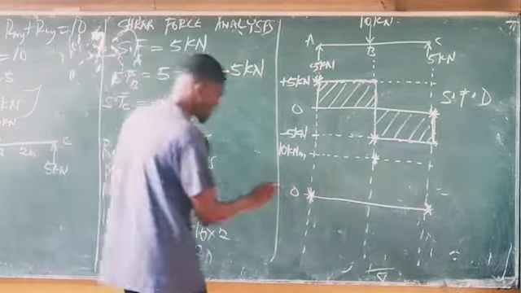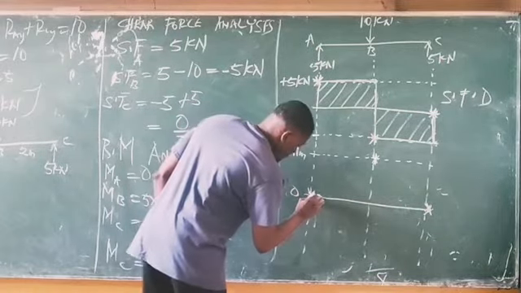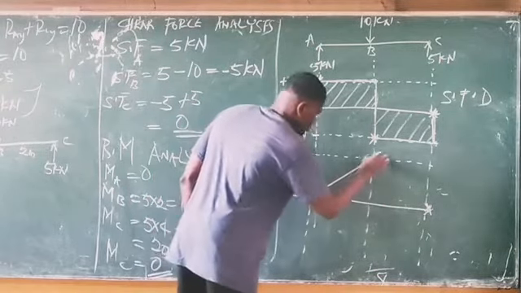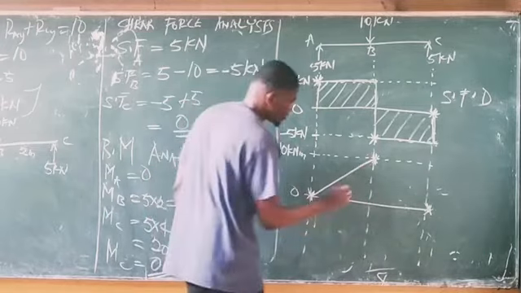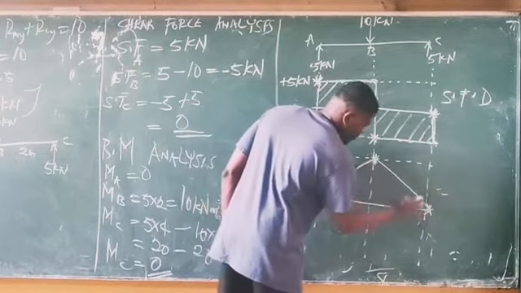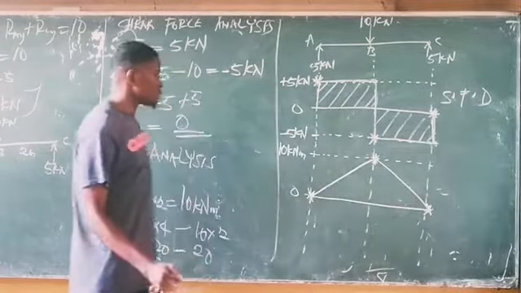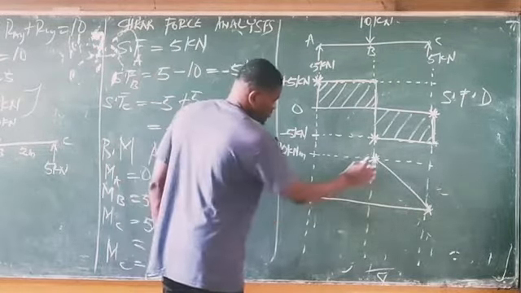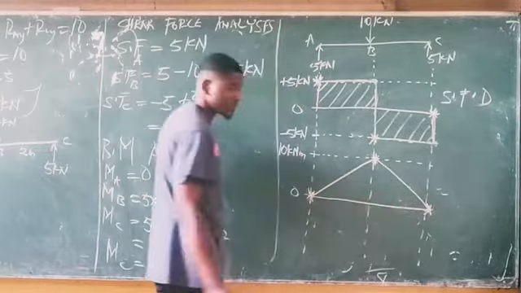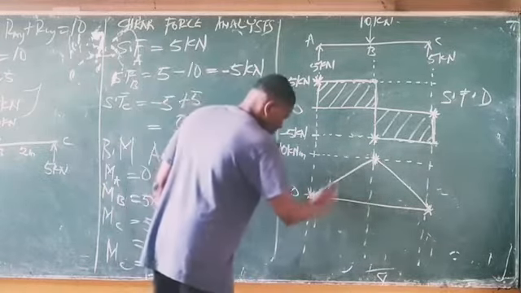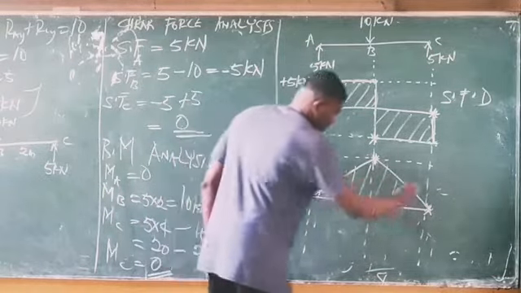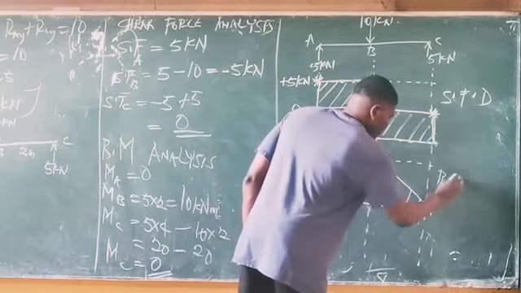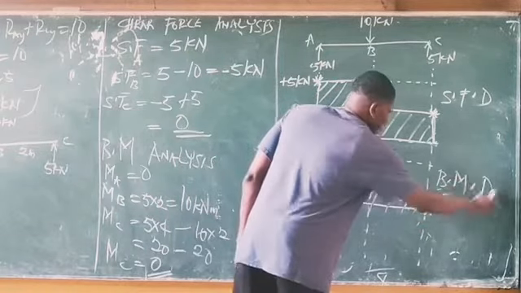So from the origin we have a slant line to point B, then from point B down to point C. You connect all the points with slant lines. So this is the bending moment diagram.